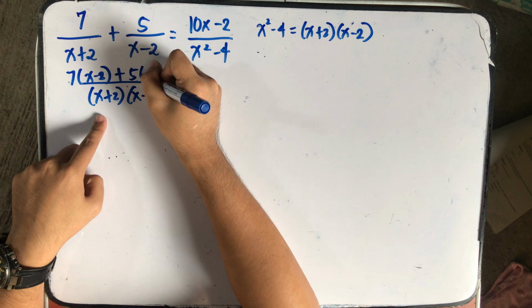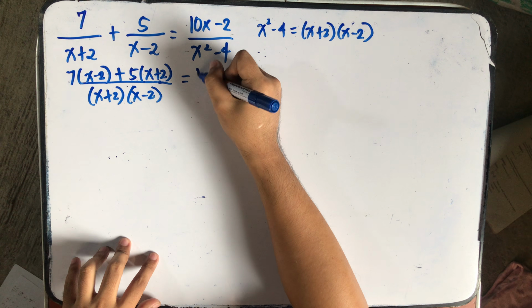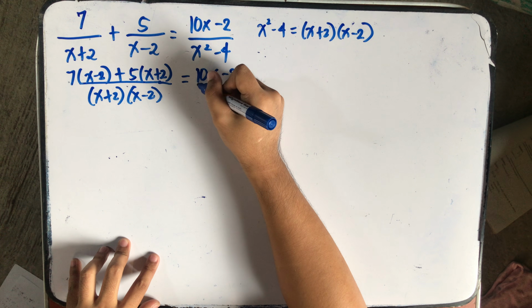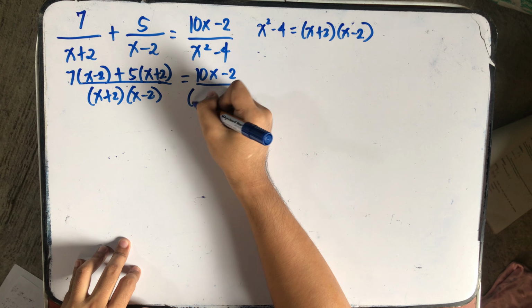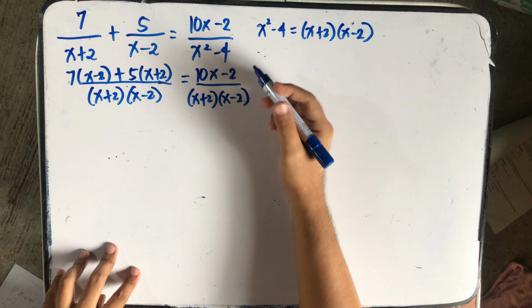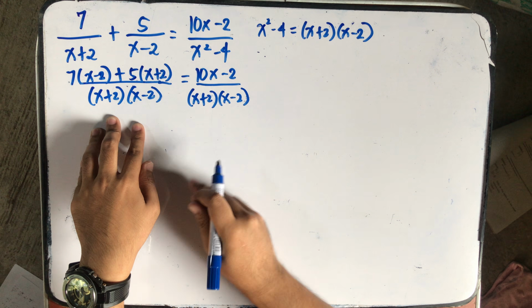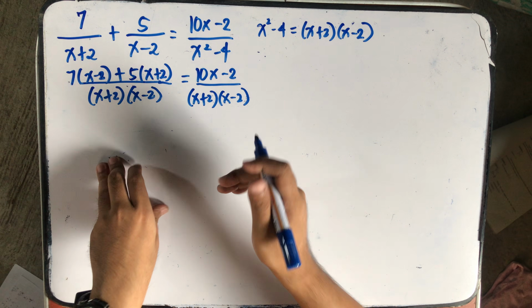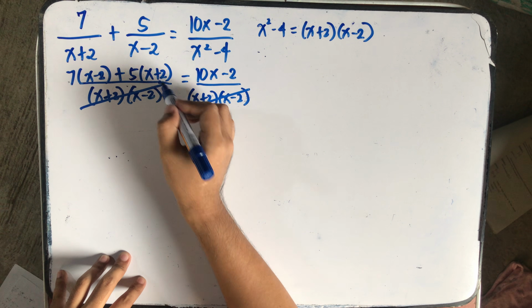And that will be multiplied to 5 is now equal to 10x minus 2 over x squared minus 4, that is x plus 2 times x minus 2. Since we have the same denominator, as I have said in the past videos, if you have the same denominator, you could just cancel it out.